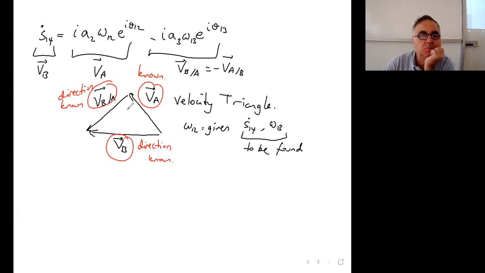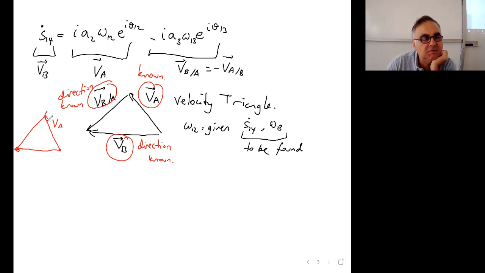But not the magnitude. So what you can do is draw a VA vector graphically, and since you know the direction, you can draw this thing, which you don't know the magnitude of, but you know the direction of VB, which has to be like this.